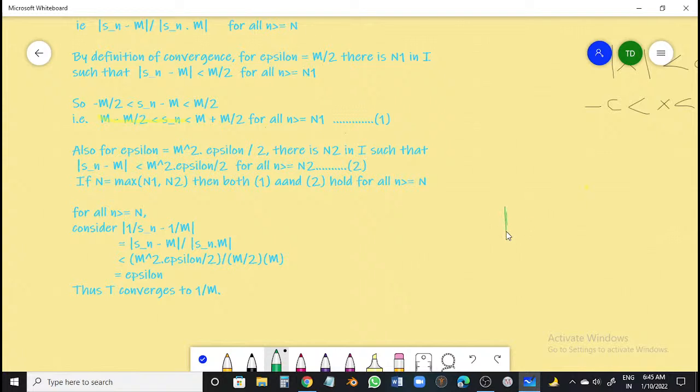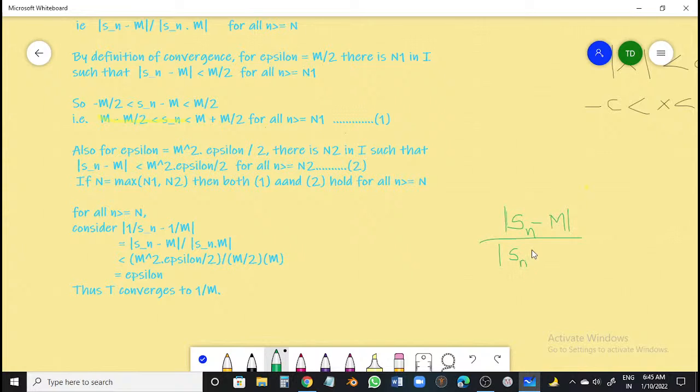So we can see this is mod of Sn minus m, and in the denominator we are handling mod of Sn times m.